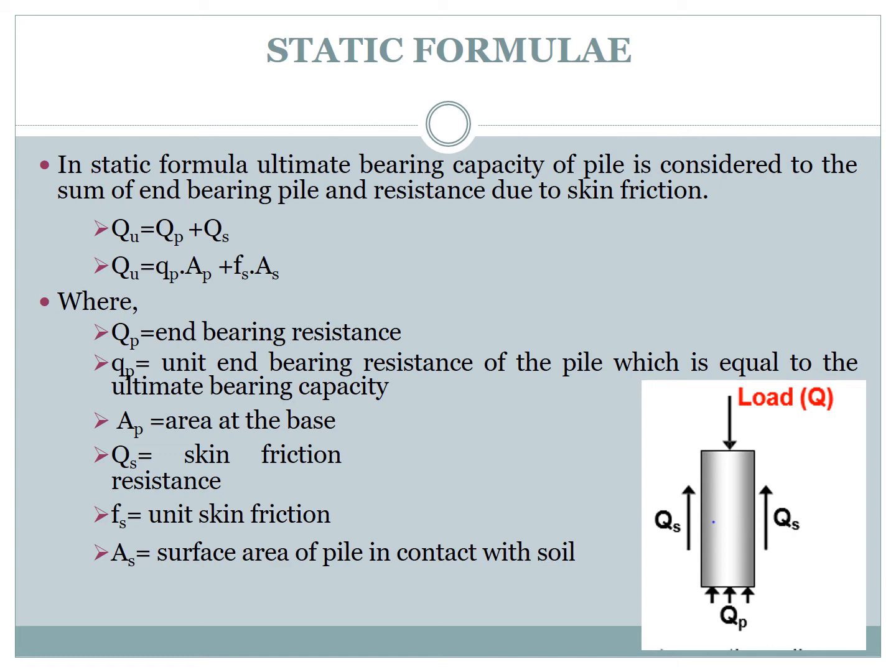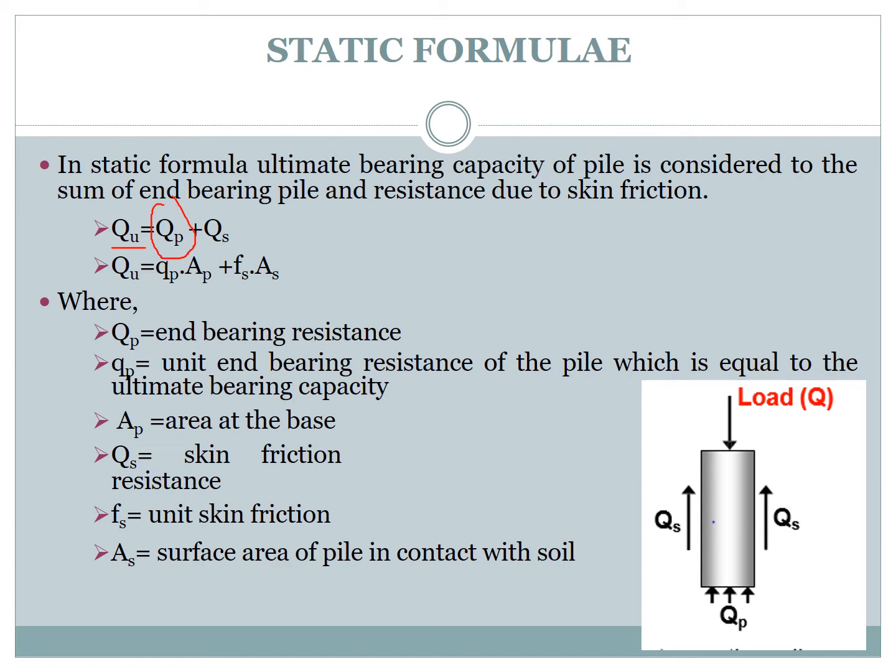In the static formula, the ultimate bearing capacity of a pile is considered to be the sum of end bearing and resistance due to skin friction, which is denoted by QU equal to QP plus QS.